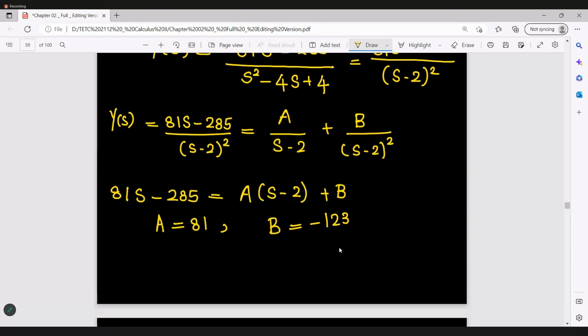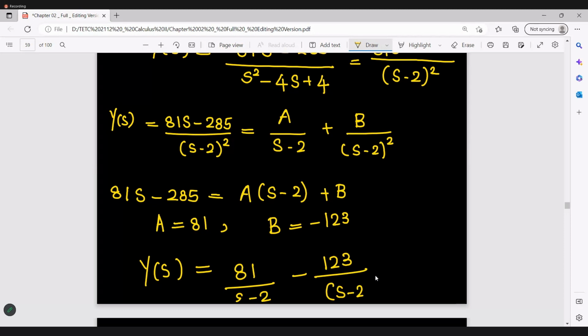So try to obtain this by yourself and then you will obtain an expression for y of s as 81 over s minus 2 minus 123 over s minus 2 to the power 2.